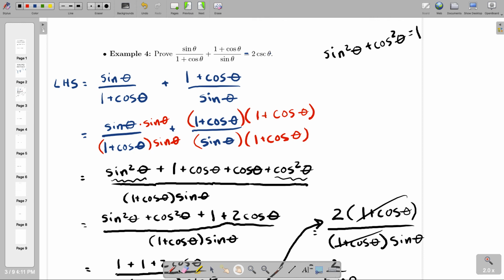So up here, we know that if we subtract sine squared theta from both sides, then we're going to get that the cosine squared theta is 1 minus the sine squared of theta. So also be able to recognize the Pythagorean identity when it's written like that.